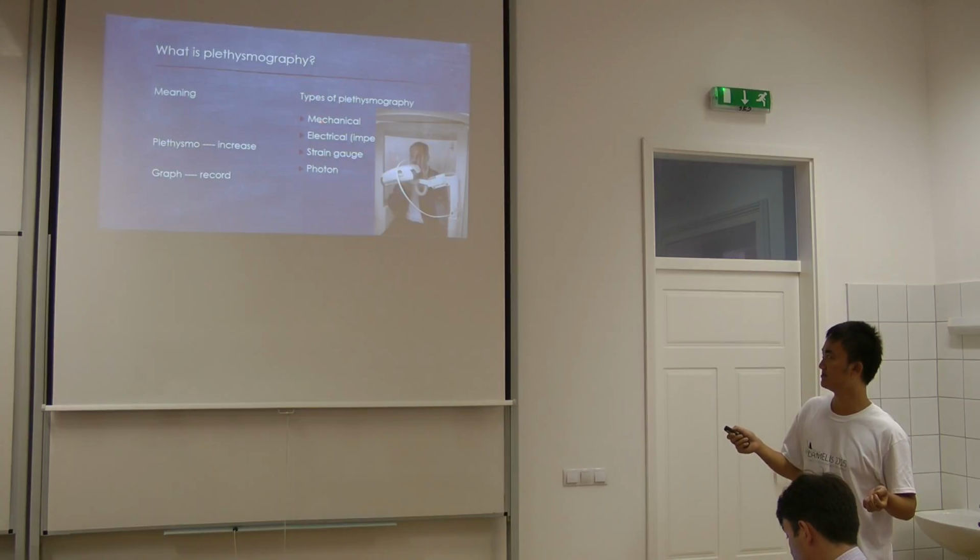an application of mechanical plethysmography. This device is used to measure the volume of your lungs. This is a sealed box, and the person sits inside, and this person can get oxygen or air from this tube.